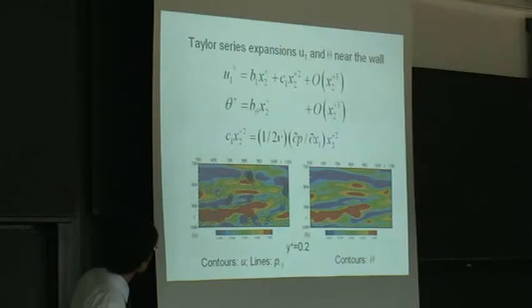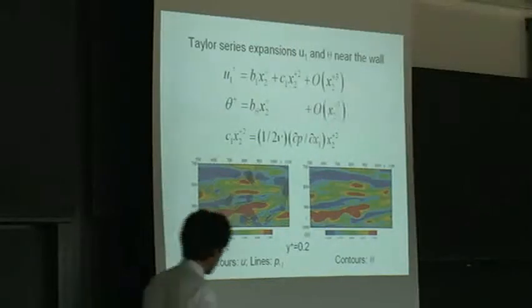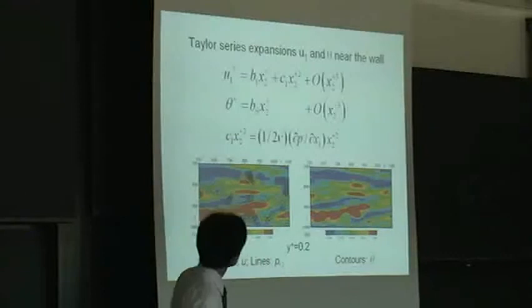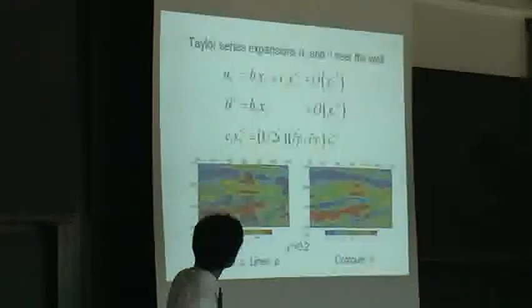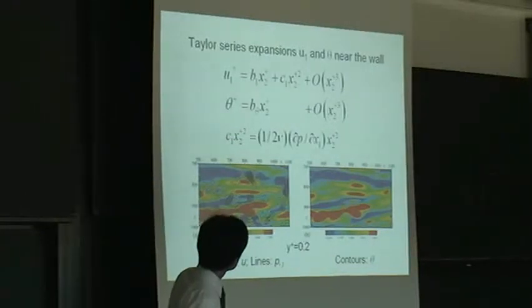This region is closely associated with the pressure-strain effect. So in the context of the similarity between u and theta, the effect of the pressure gradient cannot be ignored.